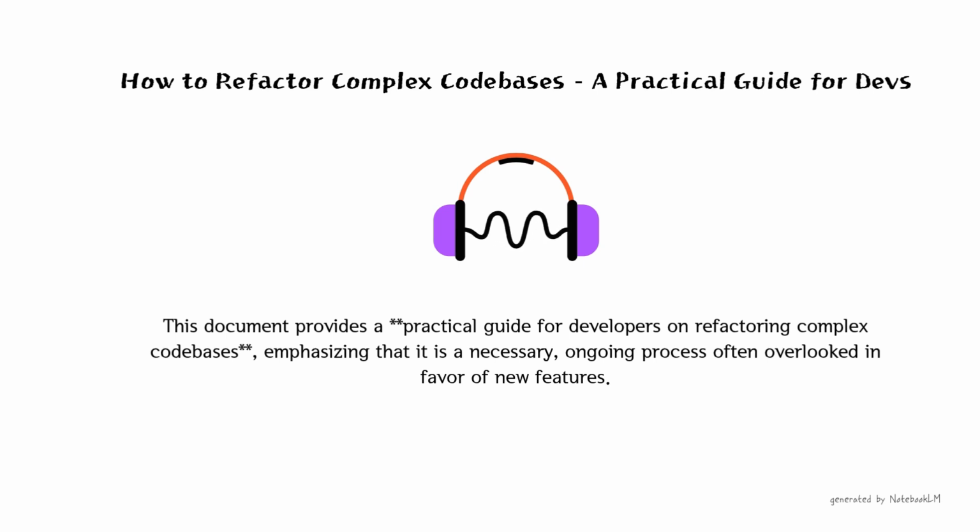So how do you get, say, management on board? How do you make the case that this isn't just developers wanting to play with code, but something the business actually needs? You've got to tie it directly to business outcomes. The sources give good examples here. Things like refactoring this module will let us launch the new analytics feature X% faster, or cleaning up this area will reduce outages by Y%, improving customer satisfaction.